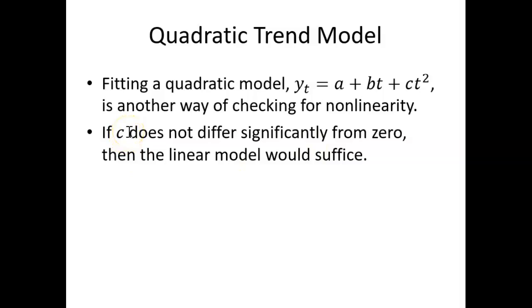So, for example, if the t statistic on the c coefficient is less than 1.96 at the alpha equals 0.05 level of significance, or 1.645 at the alpha equals 0.10 level of significance, then you could drop the t-squared term because it's not different from 0.